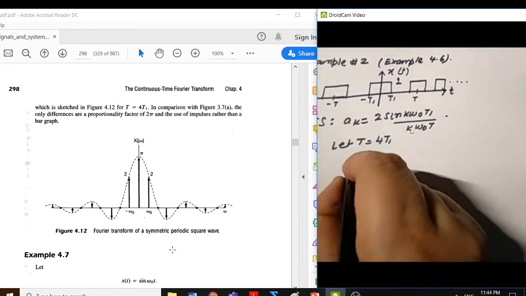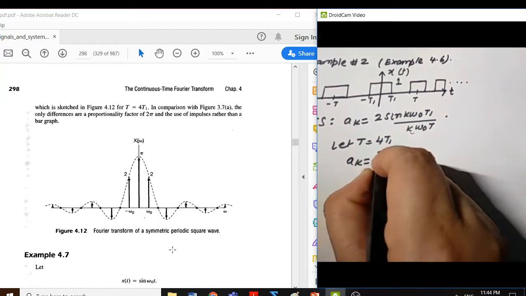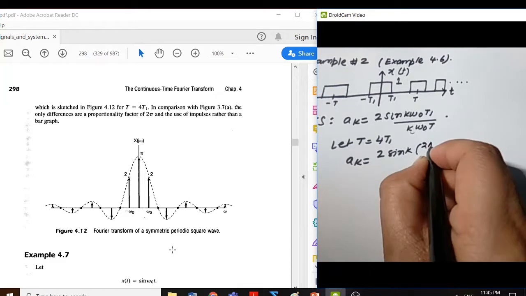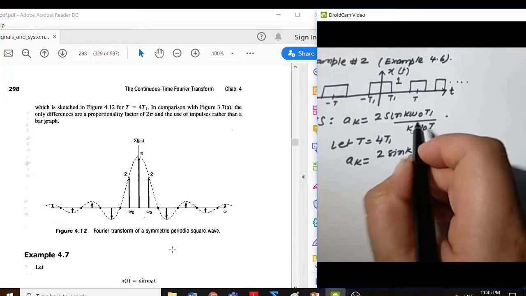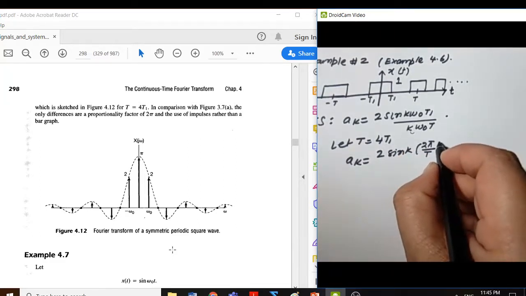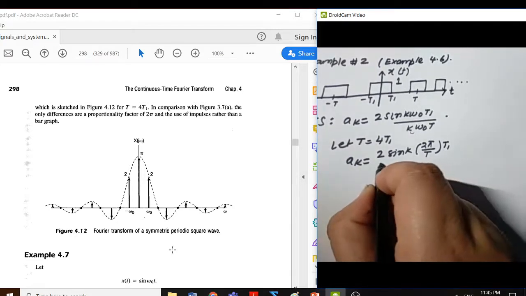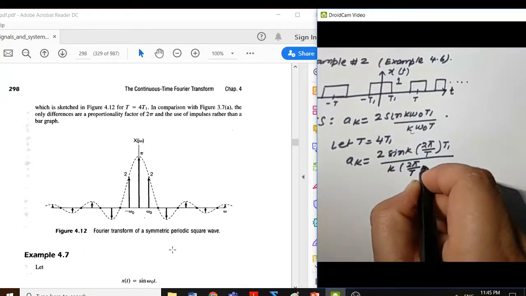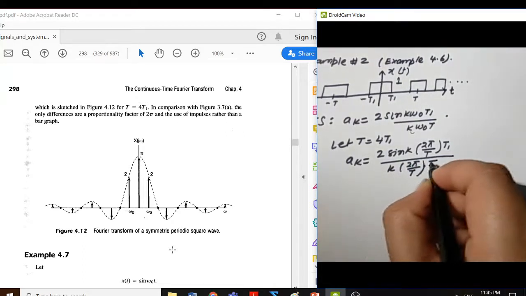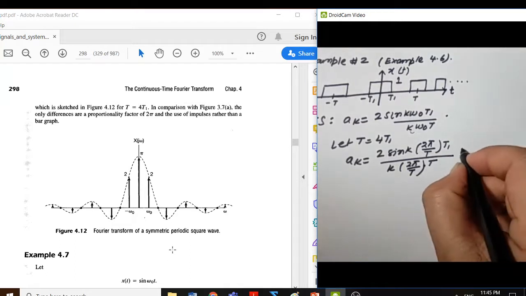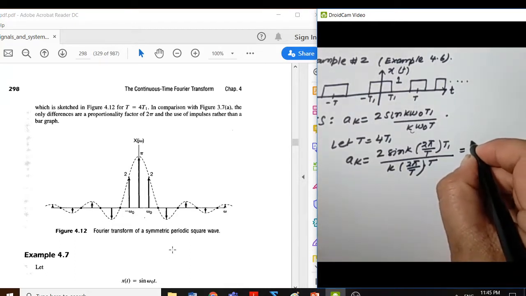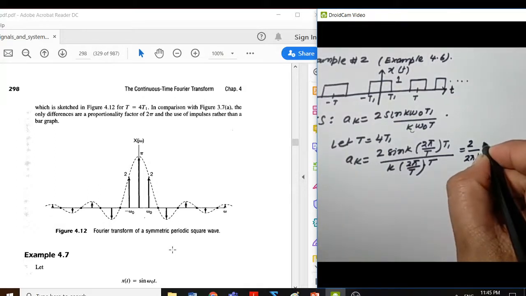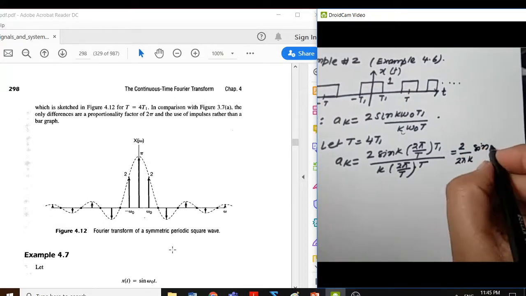So I'll simplify this expression for a_k. I'll substitute values because it's easy if I substitute values at this stage, because omega naught is 2 pi by T into T1 divided by k 2 pi by T into T. This T gets cancelled, so this is 2 by 2 pi k sine k.